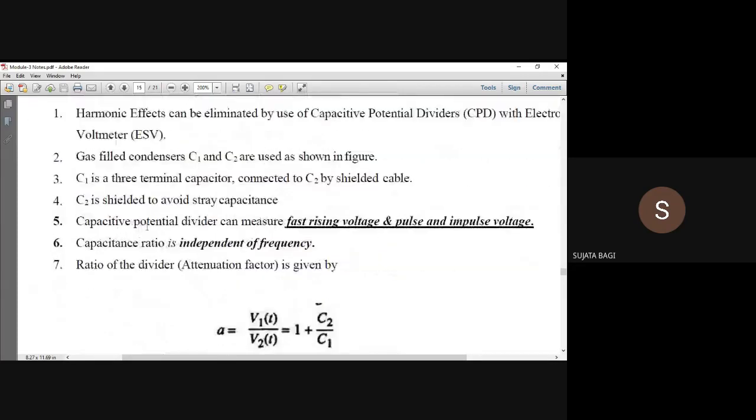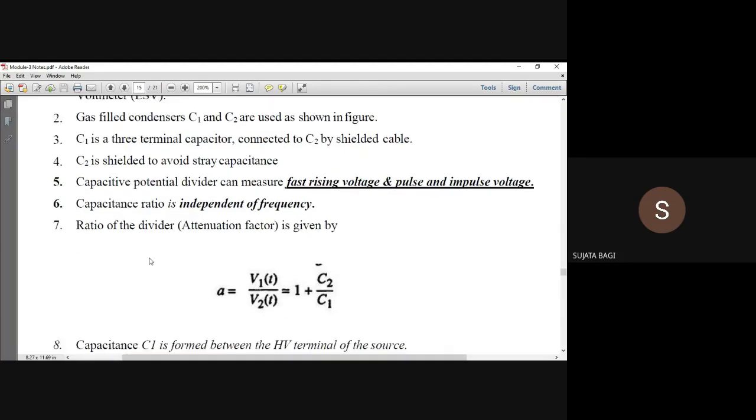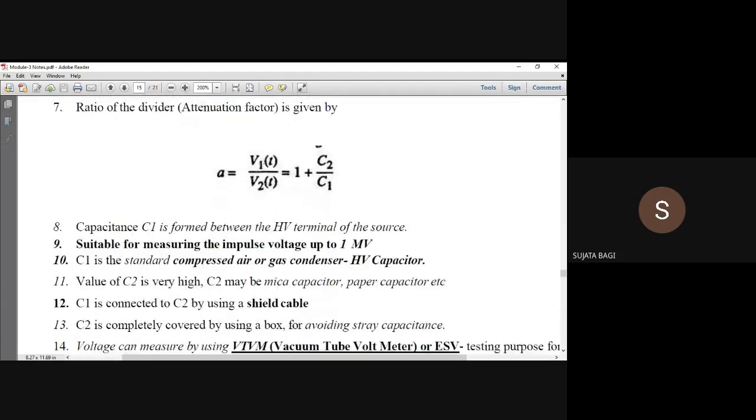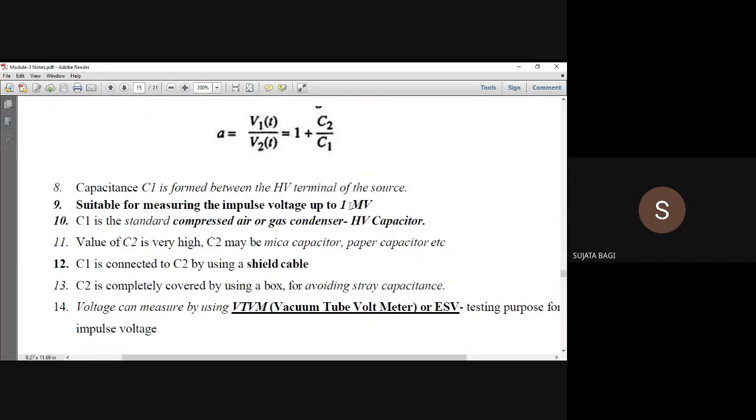The capacitance potential divider can measure fast rising voltage and pulse impulse voltage, and is independent of frequency. The ratio of the divider, the attenuation factor alpha, is equal to V1 by V2, which is 1 plus C1 by C2. C1 is formed between the HV terminal of the source. We can measure up to 1 megavolt, and standard compressed air gas will be in the HV capacitor.